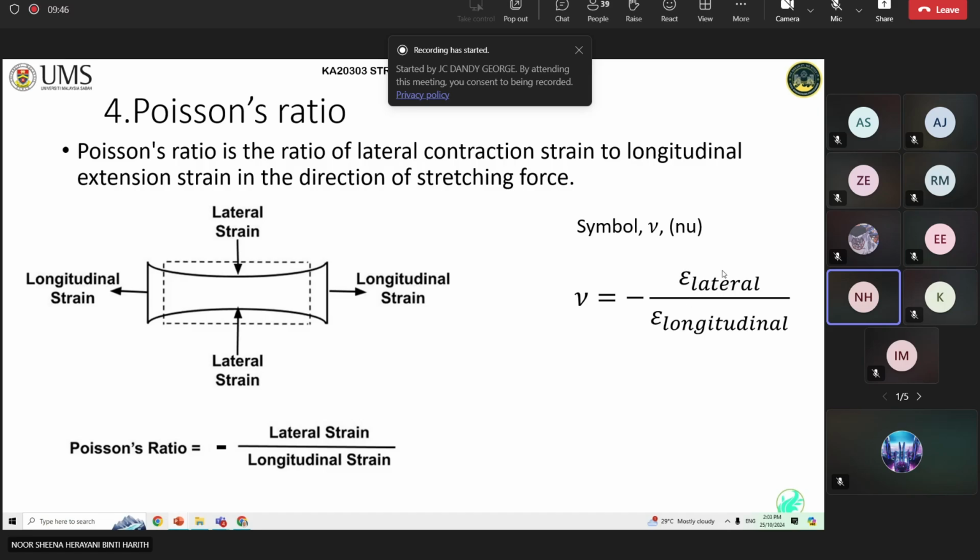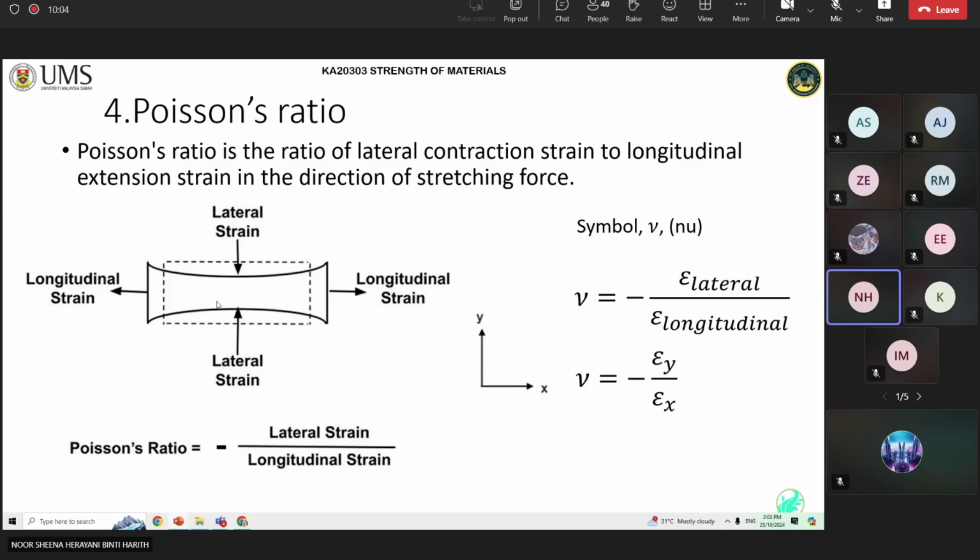In short form, nu equals minus epsilon y divided by epsilon x, where epsilon y is the strain in the y-axis and epsilon x is the longitudinal strain in the x-axis. The unit for Poisson's ratio is none, it has no units.